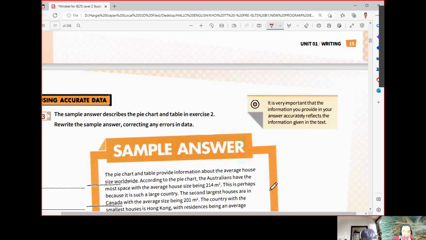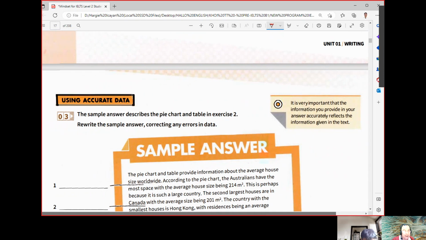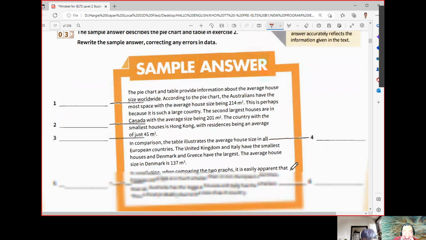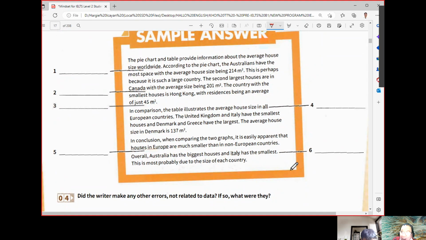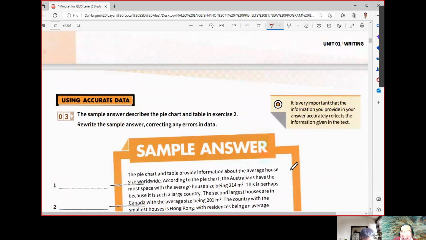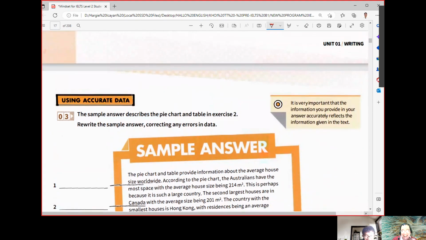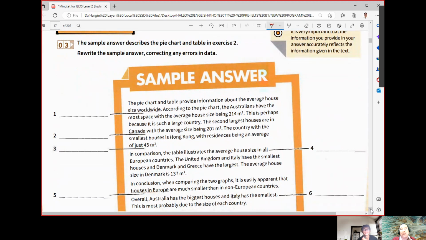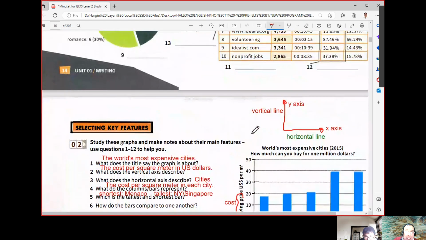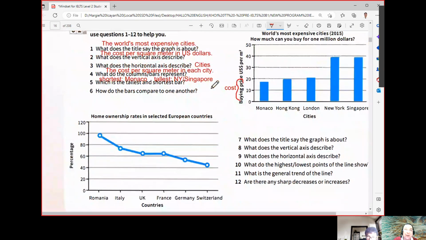Now it's about time for us to have a sample answer in the form of an essay. We already knew how to answer using the scanning technique.